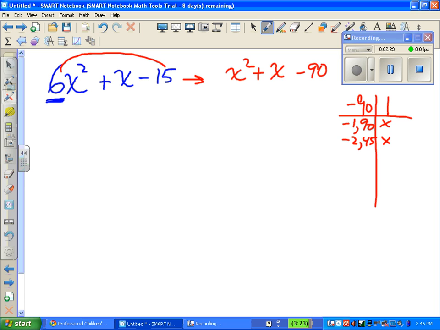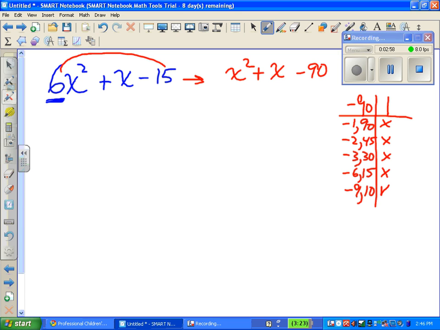No. Negative 3 and 30. No. What next? Negative 6 and 15. No. And I have negative 9 and 10. And those do add up to 1.